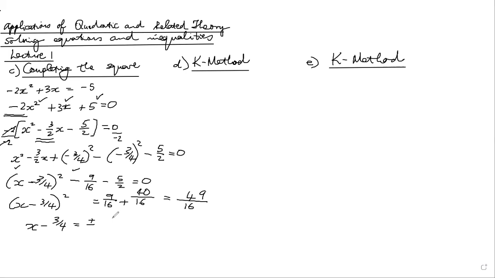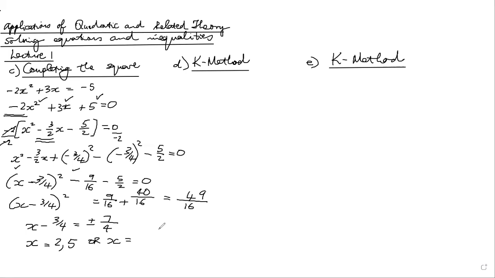The square root of 49 is 7, and the square root of 16 is 4. So our two answers would be x equals 3 over 4 plus 7 over 4, which would be 10 over 4, and that would be 2.5. 2 fours are 8, remainder 2 out of 4, so that's 2.5.